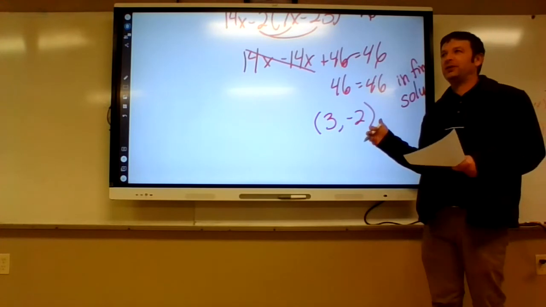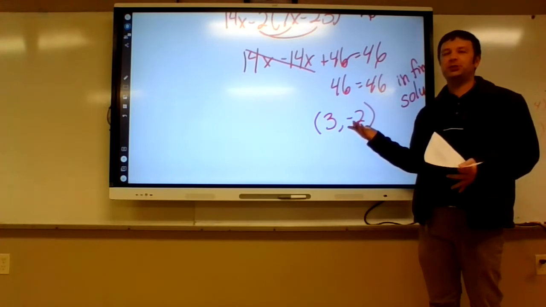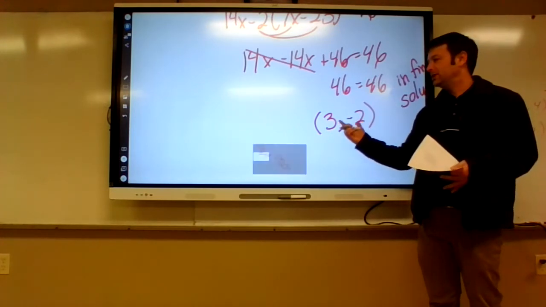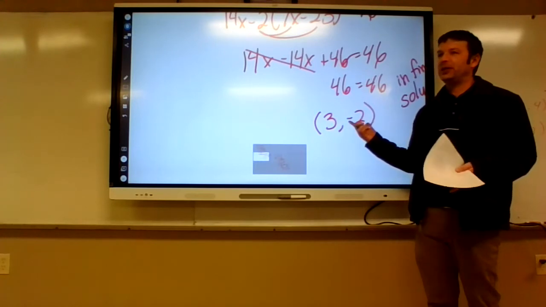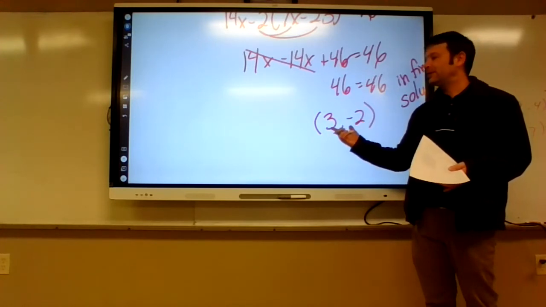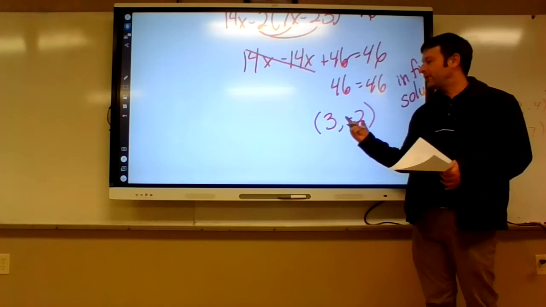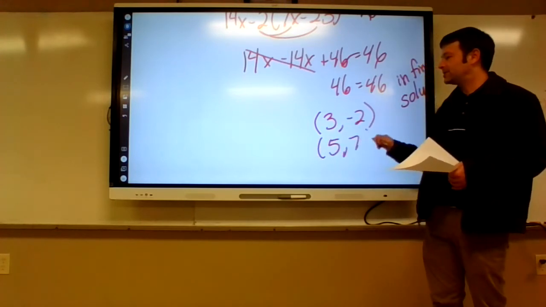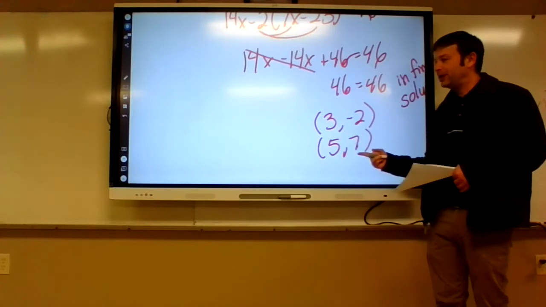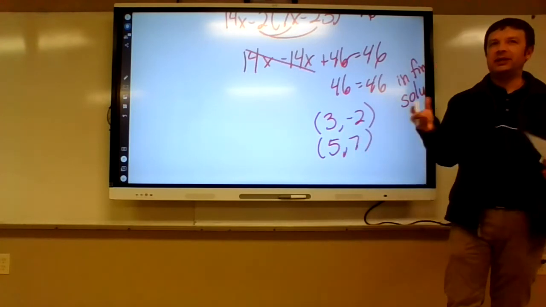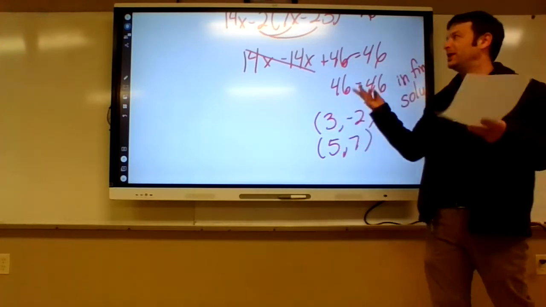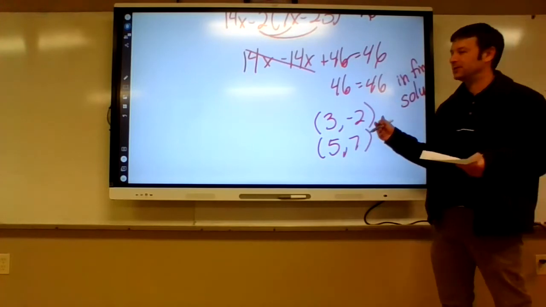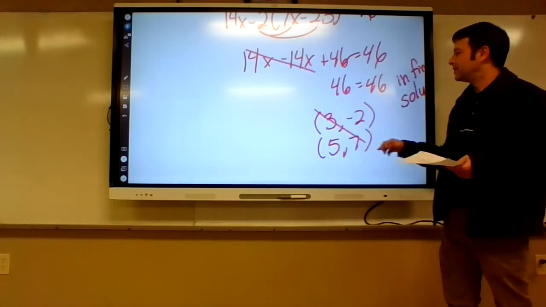So if you say all real numbers, there are 2 different numbers. You can't just plug anything in and it works. You have to have a specific pair. Although there are an infinite number of pairs that work, you can't just plug in any number and it works. Does that make sense?